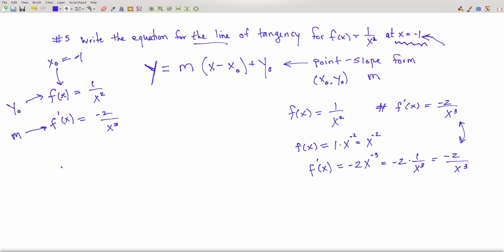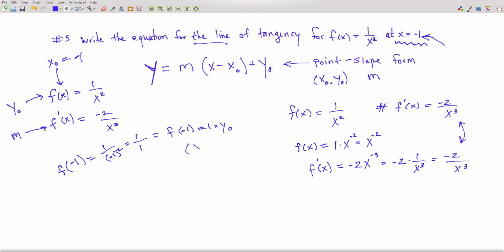So f at -1 is 1 over -1 squared. See how I substitute into parentheses? You should be doing that also. You have to do that or you will make mistakes. 1 over -1 squared is 1, and therefore f evaluated at -1 equals 1, and that is the value of y0.